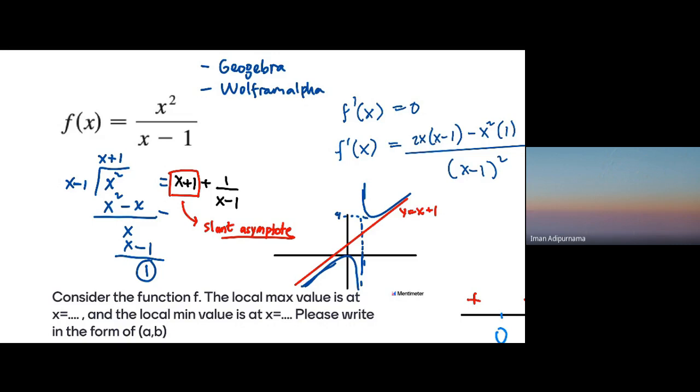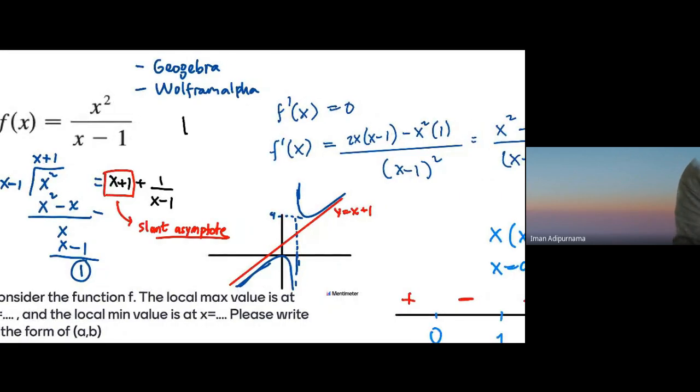If you use Wolfram Alpha, you can get some directions. For example, we are still in derivatives. If you have a complicated derivative, you can ask Wolfram Alpha. For example, if you want to ask about ln x, what is the derivative of this?